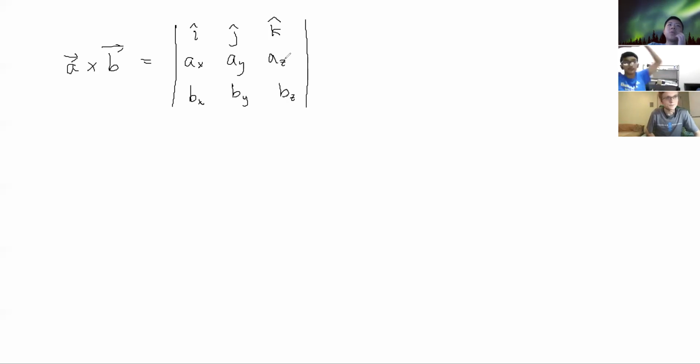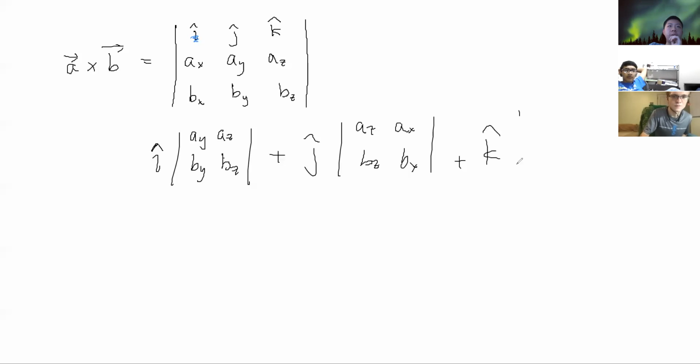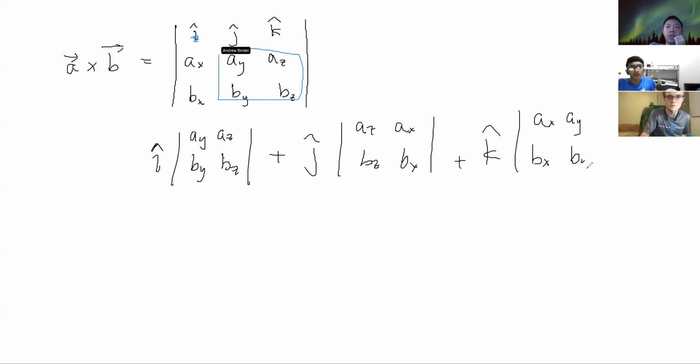Again, you guys don't have to know why, but the determinant comes down to i hat times the determinant of AY AZ BY BZ, minus j hat times the determinant of AX AZ BX BZ, plus k hat times the determinant of AX AY BX BY.